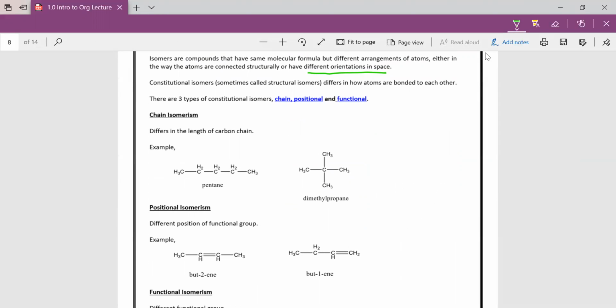If you have a break in the chain, then it is considered a chain isomerism. For example, pentane has 5 carbons joined together in a straight line, and its isomer is a structural isomer. The carbon chain is broken up so that the longest chain is just 3 carbons long.